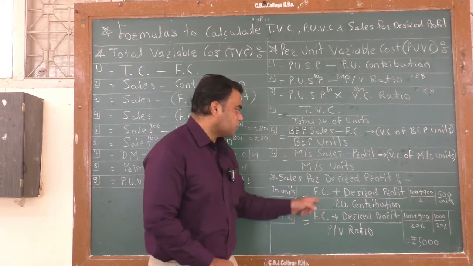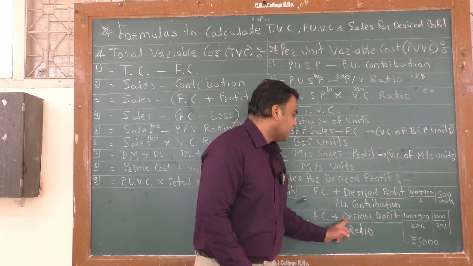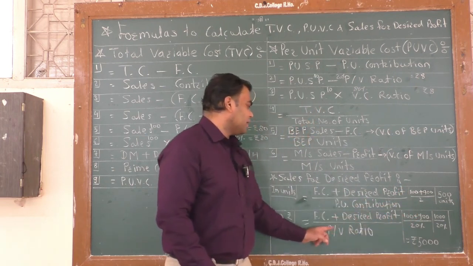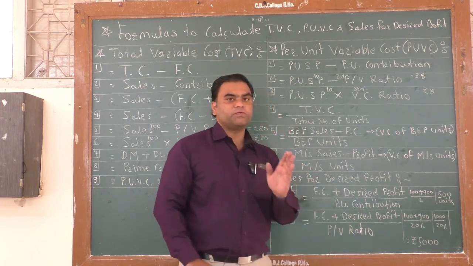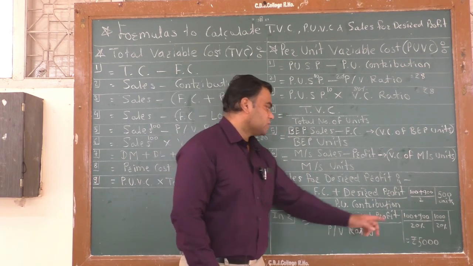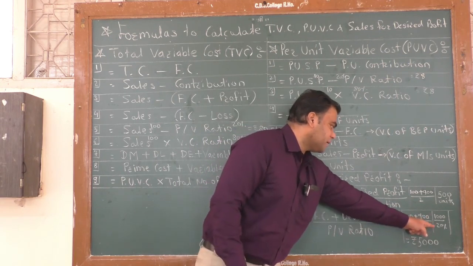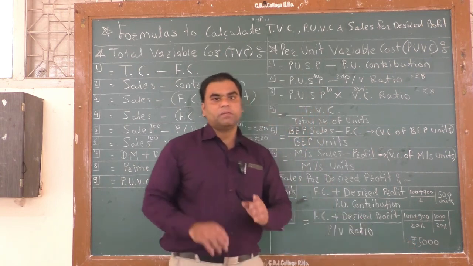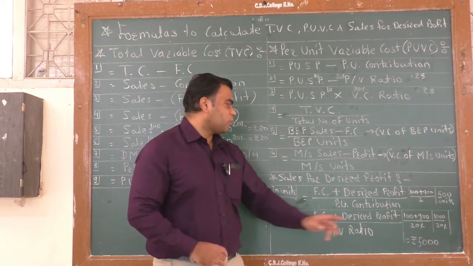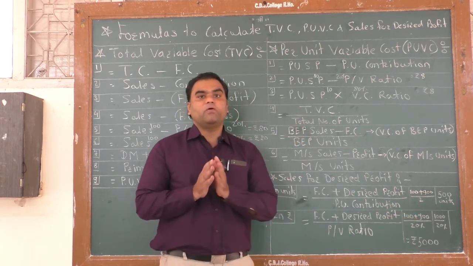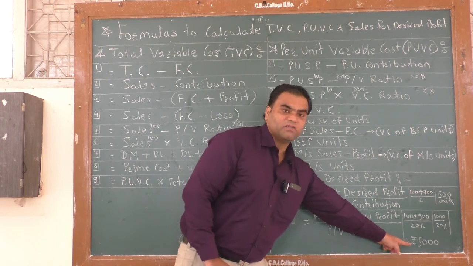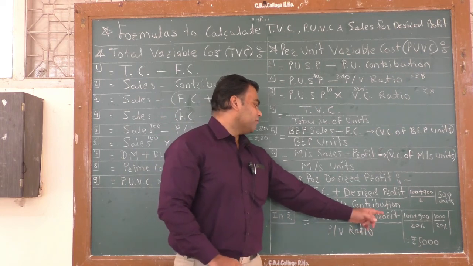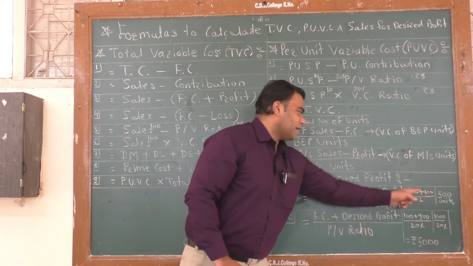So fixed cost 100 plus desired profit 900 is total 1000, divided by PV ratio, suppose 20%. 1000 is 20% of rupees 5000. Meaning to earn profit of rupees 900, the company will have to generate sales of rupees 5000. If you generate sales of rupees 5000, you will get profit of rupees 900 as you expected or desired.